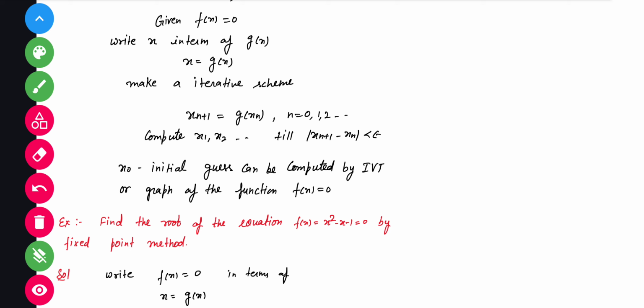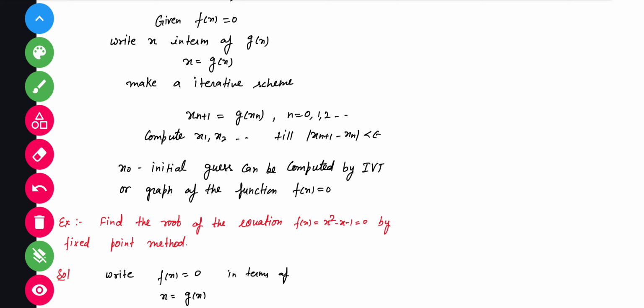There are infinitely many possible ways of representing f of x equal to 0 in the form of x is equal to g of x. That means there are infinitely many g of x representations for f of x equal to 0, right? So we can form many g of x.